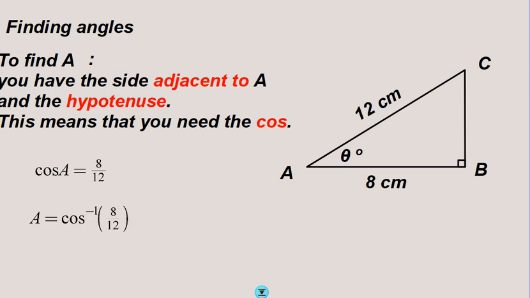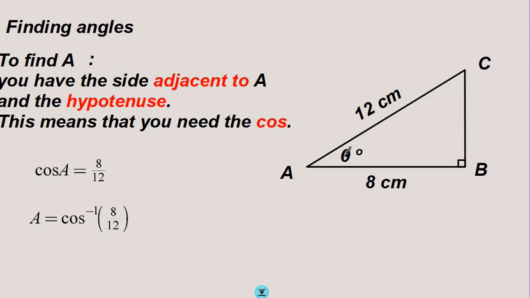The other application of trigonometric ratios is finding angles. Let's say we have this right angle triangle. We have 8 centimeters for AB and 12 centimeters for AC. And we want to find the measure of the angle A, denoted here by theta degrees, or you can simply use the letter for the vertex.